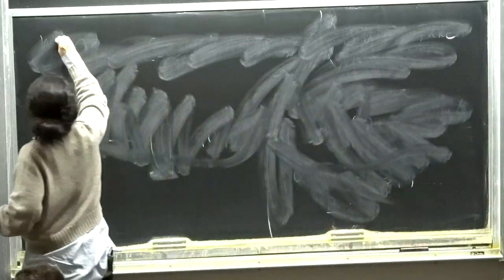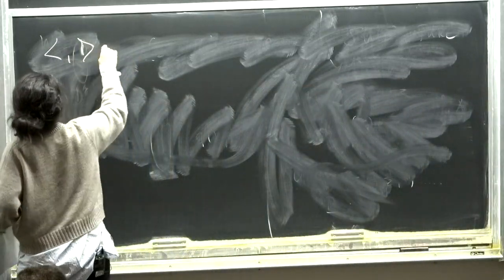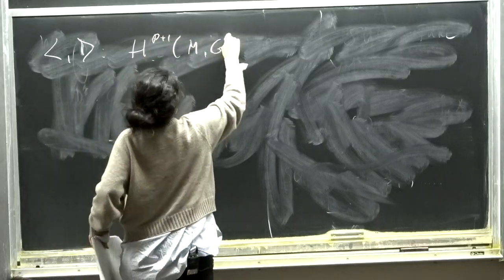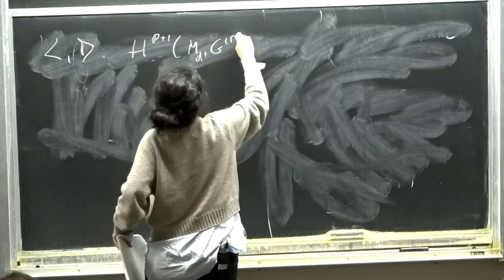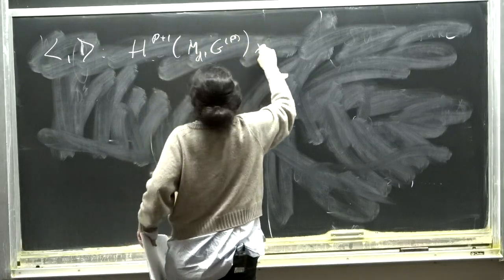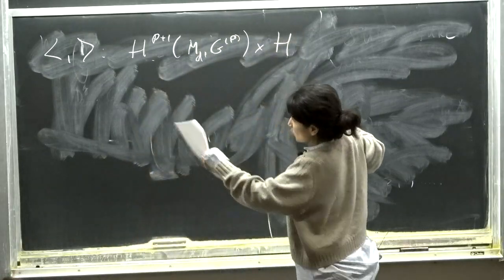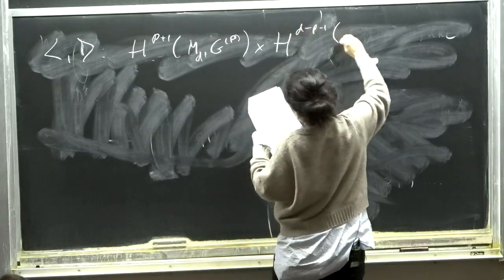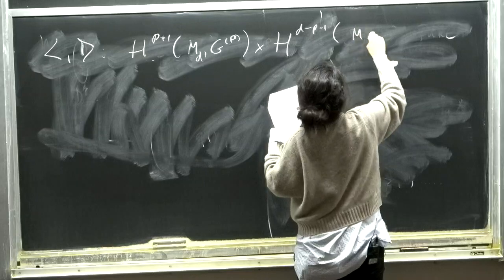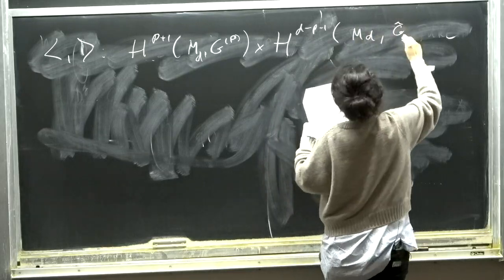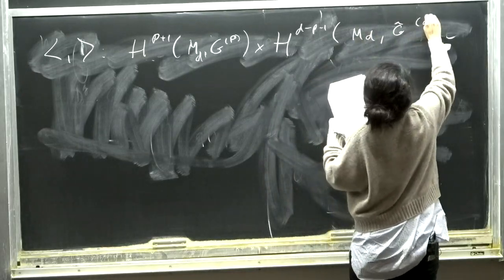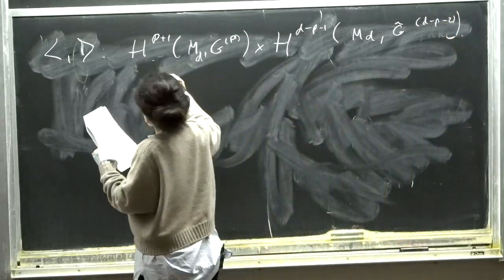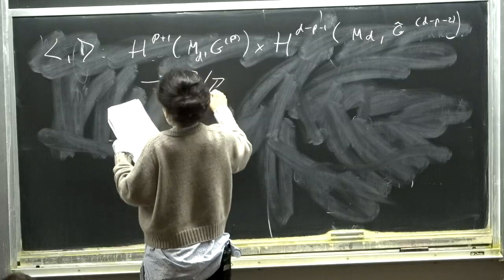So this pairing is a pairing of H^{p+1} with G^(p) values, times this dual field, which is (d minus p minus 1)-forms with values in this G hat (d minus p minus 2). And the claim is this goes to R mod Z.